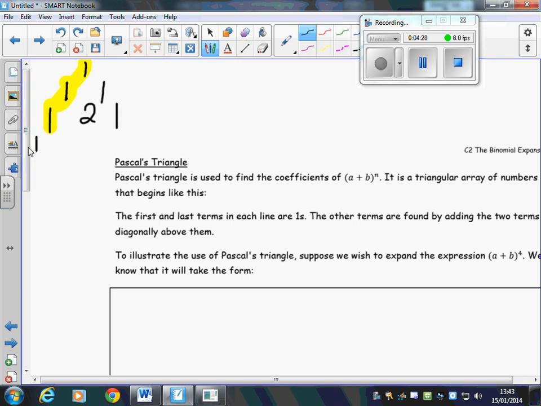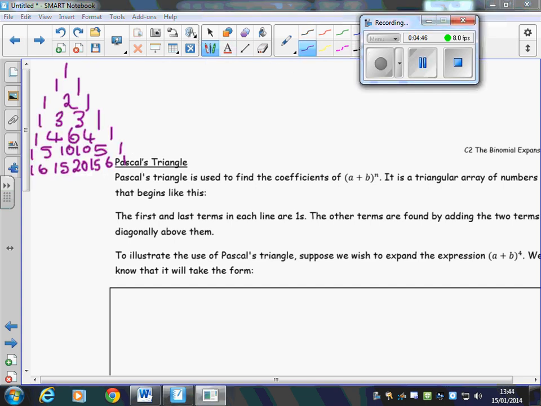I'm going to carry on doing that, so that here I'll be doing 1 plus 2 gives me 3, 2 plus 1 gives me 3, and then I'll have a 1. So the next row will be 1, 4, 6, 4, 1. And it becomes easy to see where this triangle comes from, just adding up the two values directly diagonally above.